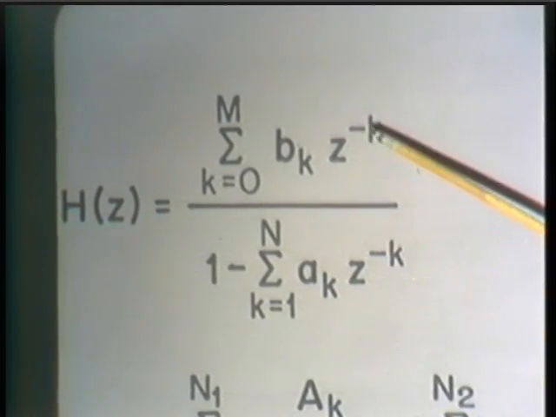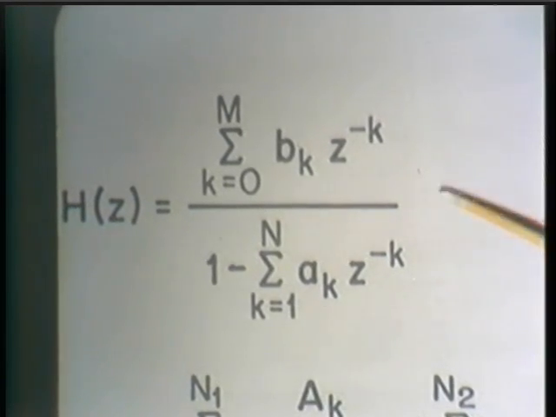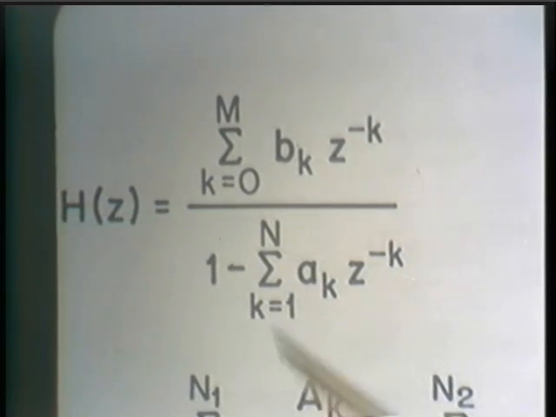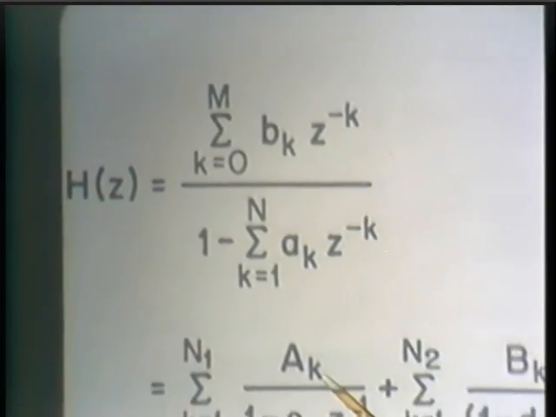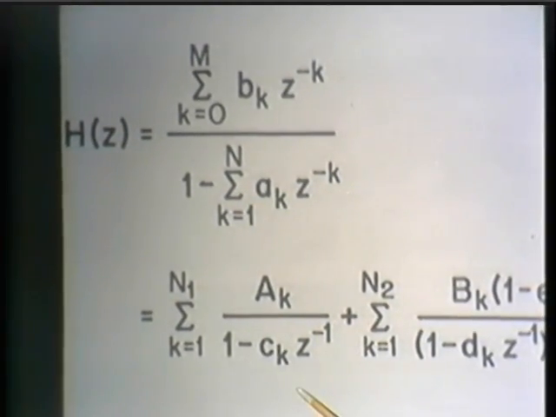That is, we can expand this transfer function, and let's assume first of all that capital M is less than capital N. If capital M were less than capital N, we can expand this simply as a sum of residues together with first-order poles.